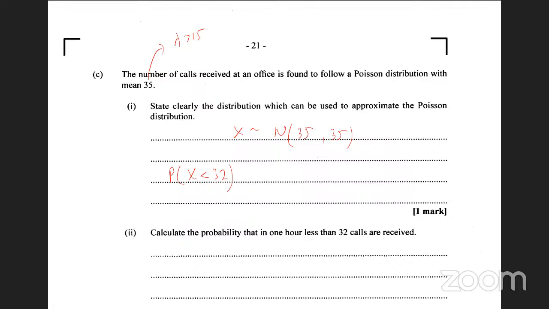Remember, less than 32 calls. So remember, we have to apply continuity correction, 32 not included. So that'll be X is less than 31.5. Then we have to standardize it.